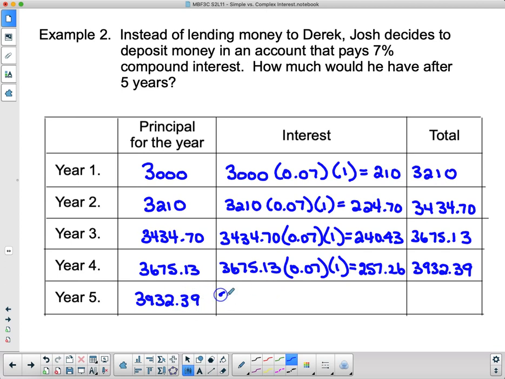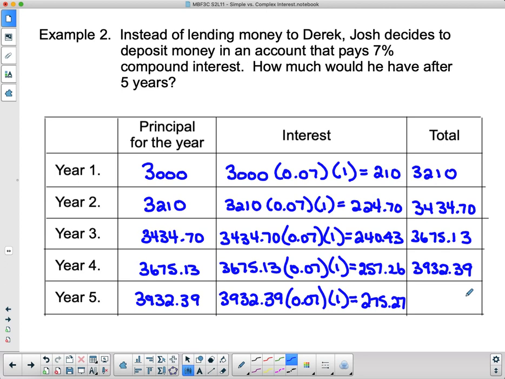Let's make that calculation. $3,932.39 times 0.07, again only doing it 1 year at a time, and we get $275.27. Last interest calculation, just got to add these two numbers together, and that'll give me my total.